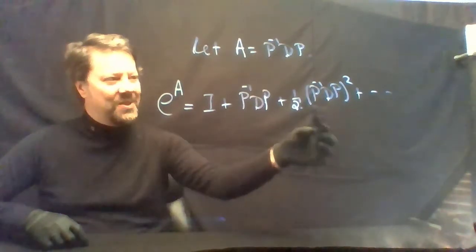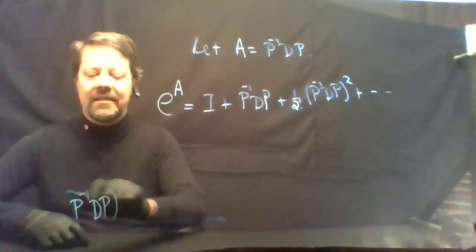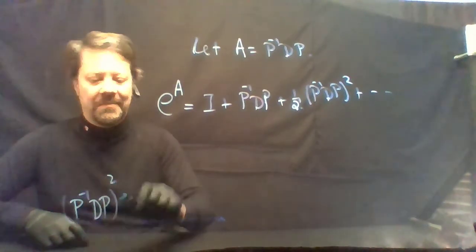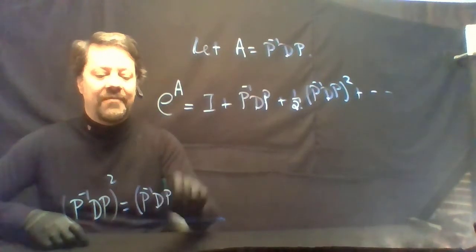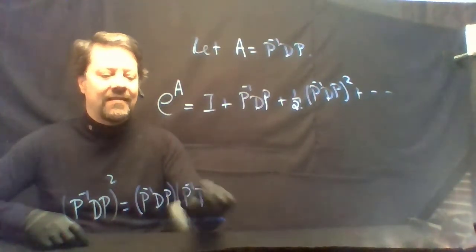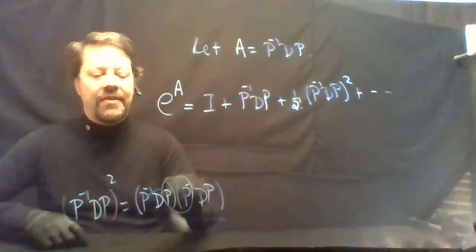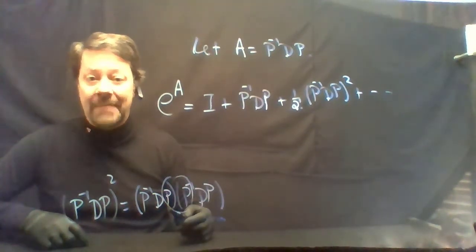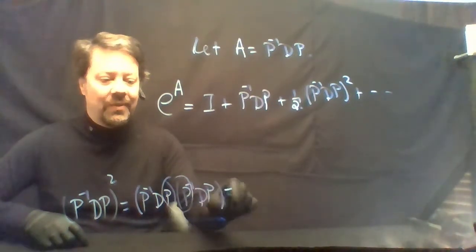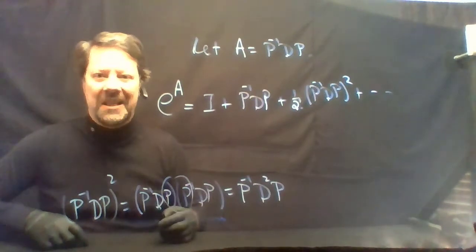I want you to think about this P inverse D P squared. That means 2 factors of P inverse D P. But we can regroup this so that these middle factors cancel out and just become the identity matrix, which then goes away. We get P inverse D squared P.